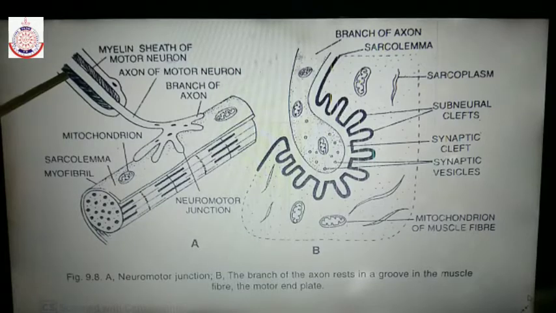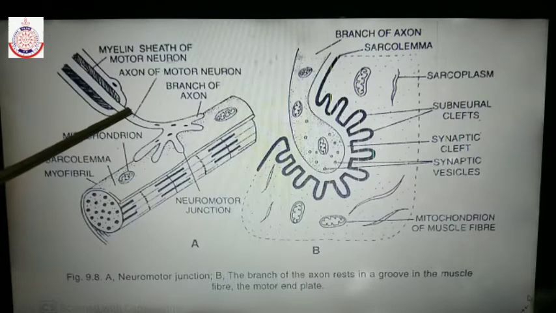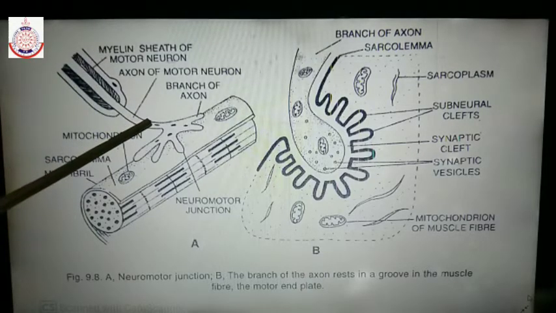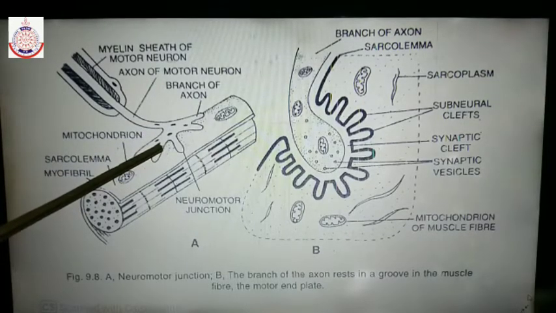Muscle contraction is initiated by a signal sent by the central nervous system, that is the brain or spinal cord, via a motor neuron. So the motor neuron carries the signal to the muscle fiber. A neural signal reaching the neuromuscular junction releases a neurotransmitter.